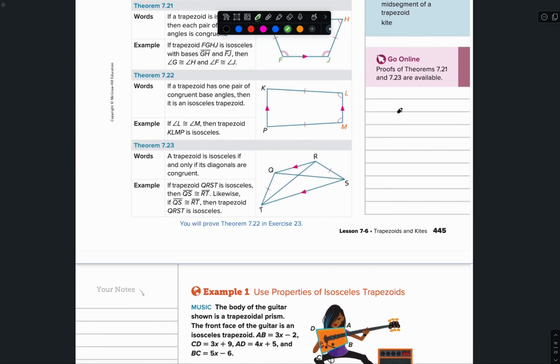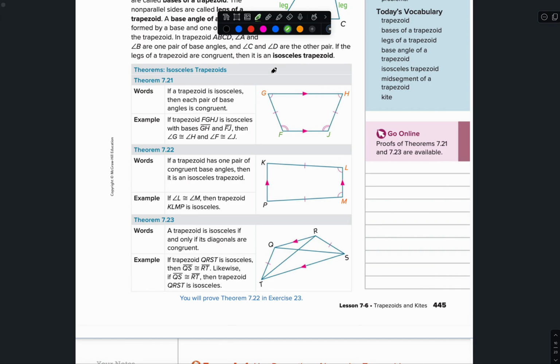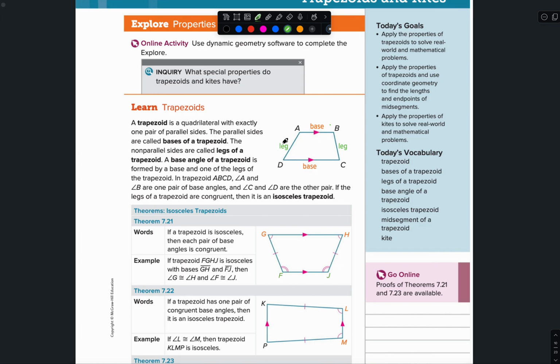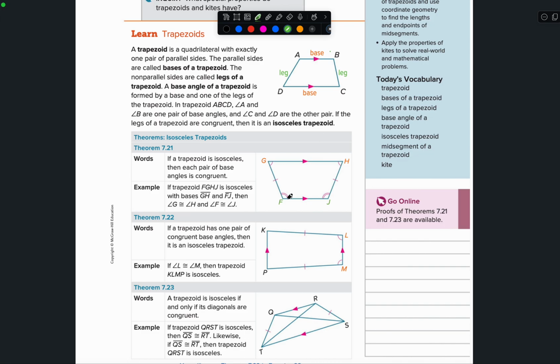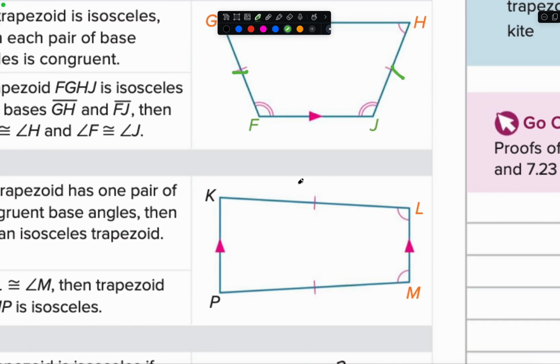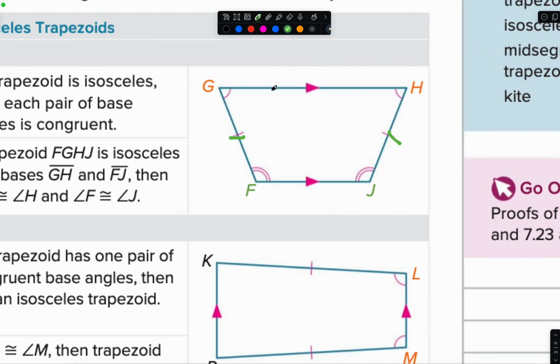First period yesterday, we talked about these three things, and we talked about isosceles trapezoid versus a regular trapezoid. So in this diagram right here, the legs are not the same length. They don't have a marked, like with those little tick marks. So he is just a regular trapezoid versus these three, which are all going to be isosceles trapezoids because they have these little tick marks here. And when that happens, the angles are the same.